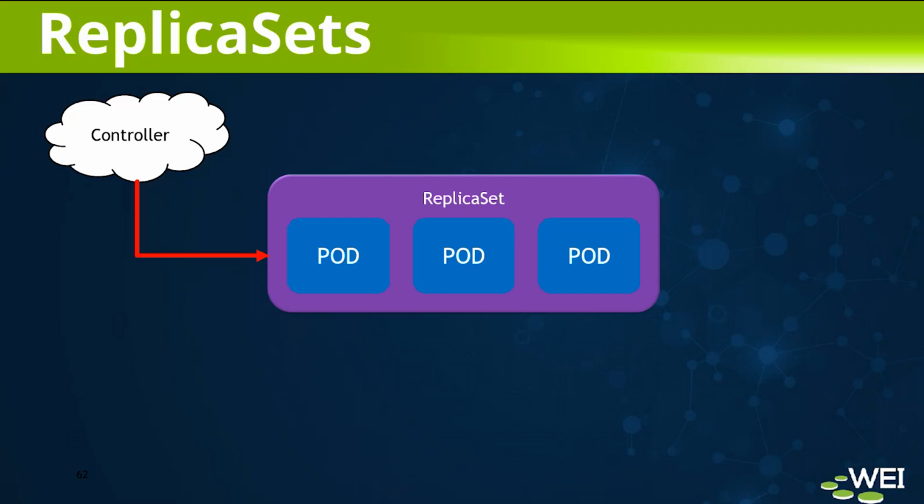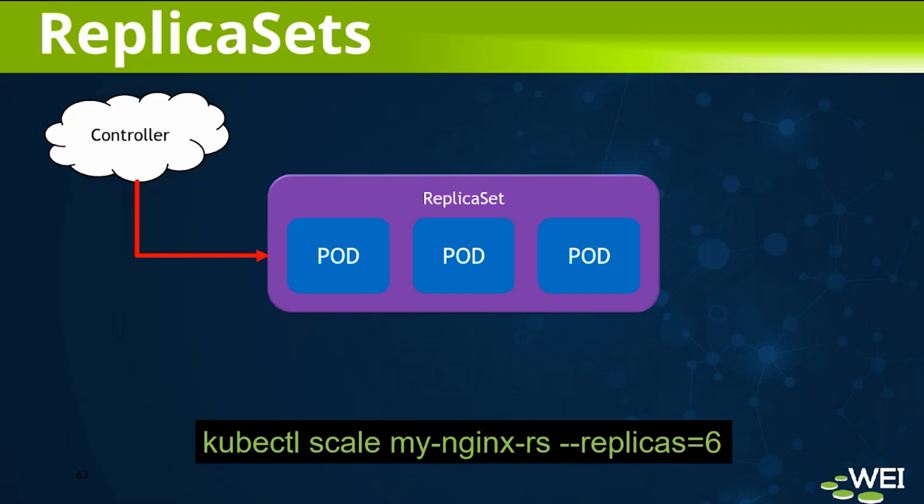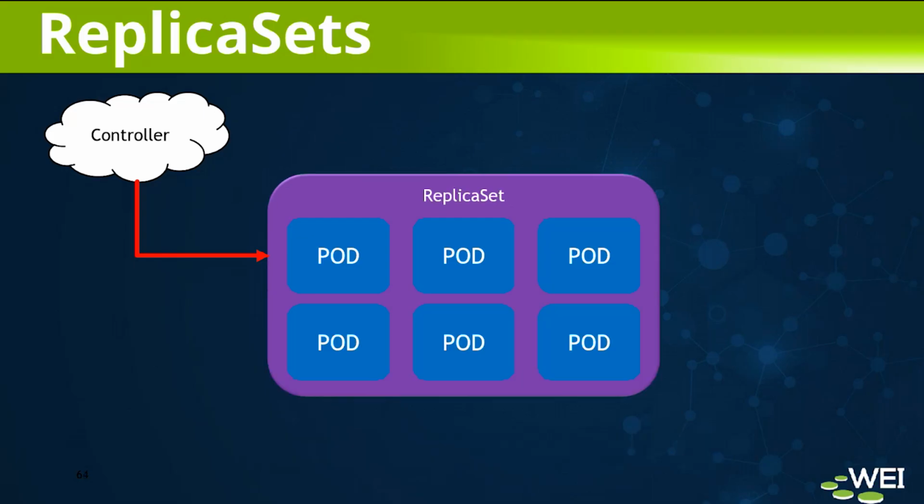Now, let's say that we know traffic to our web server is about to increase, and we need more instances of our Nginx pod to keep up. Using the kubectl tool, we can scale up our Nginx replica set from 3 instances to 6. The replica controller would see this change and spin up 3 more pods.